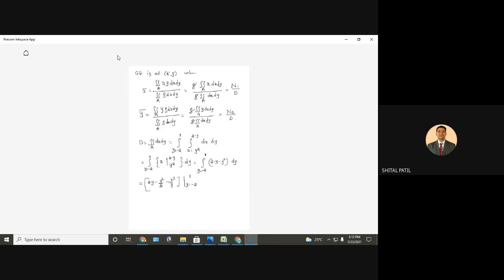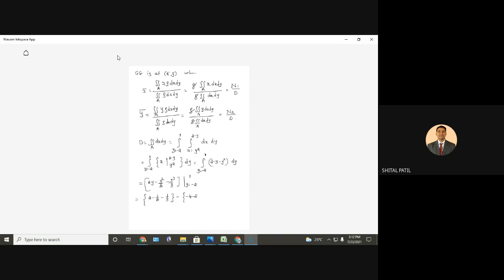Then it's lengthy. Upper limit is 1, so 2 minus 1 upon 2 minus 1 upon 3, minus 2, so minus 4, minus 2 square plus 4, so minus 2 again.